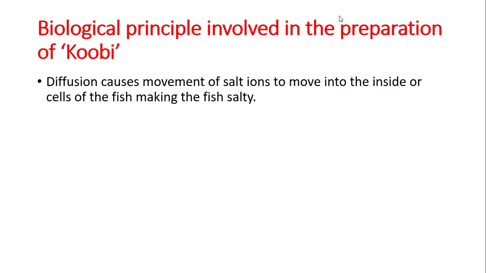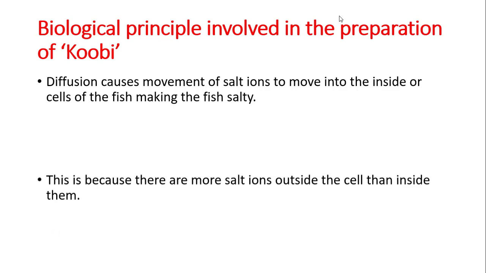Now the second factor is diffusion. When you taste the fish, even after washing it several times, it is still salty. What that means is that some amount of salt has entered the cells of the fish. How is that possible? That's through diffusion. Diffusion causes salt ions to move into the cells of the fish, making the fish salty.